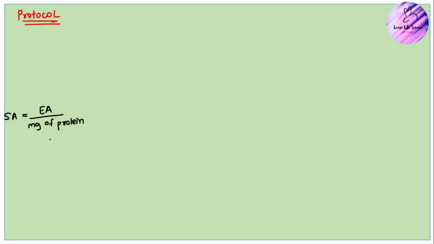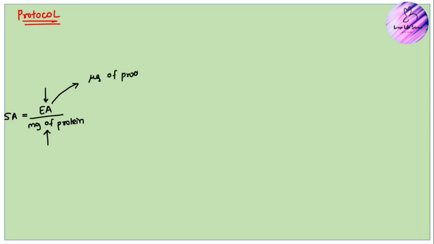At last, this is what you need to find: the specific activity of enzyme. For that you should know the enzyme activity, and for that you will also have to know the milligram of protein taking the reaction.